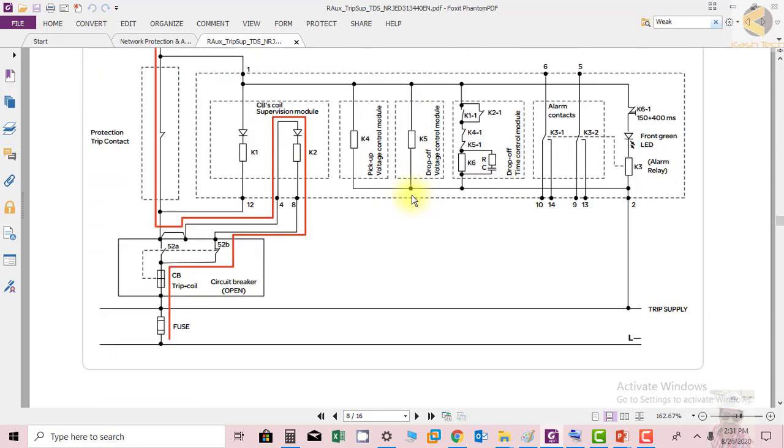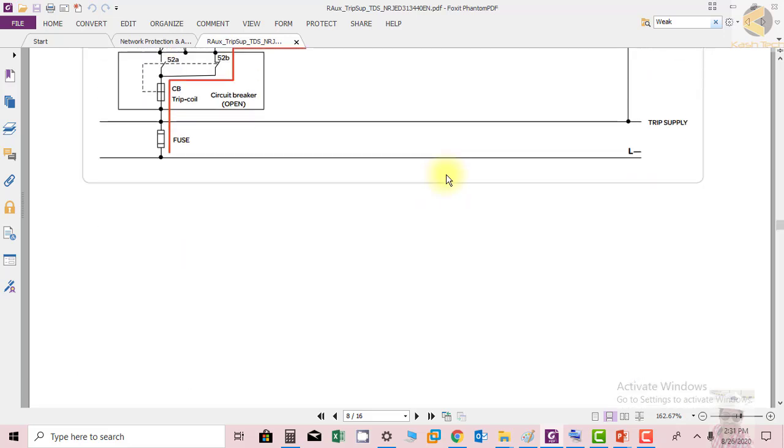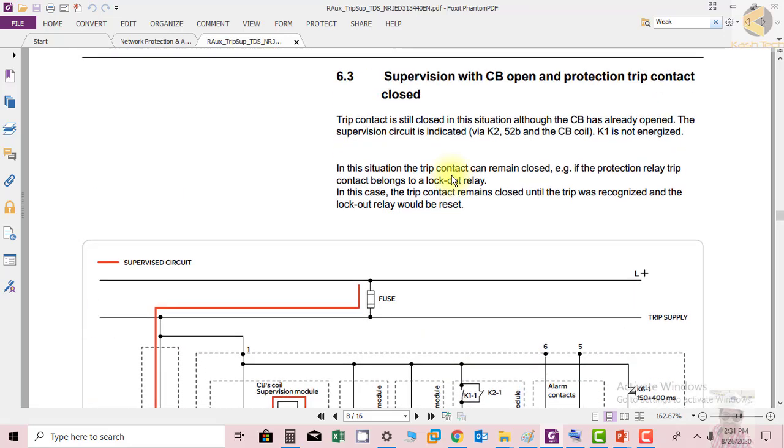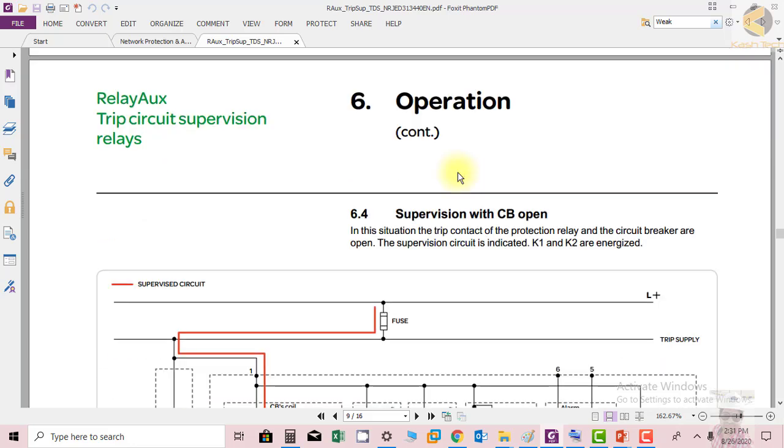So when someone comes and resets the lockout relay, then the path of positive to K2 will be provided. Now this is open, for example, through K1 again. So this relay is giving protection also. When CB is open, the protection relay is still giving the continuous trip command, which is the case of 86.